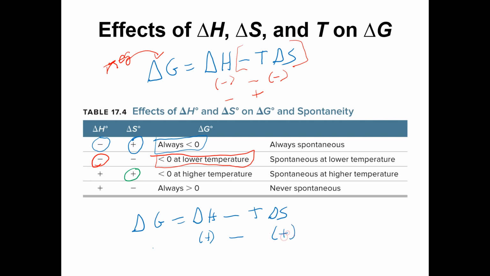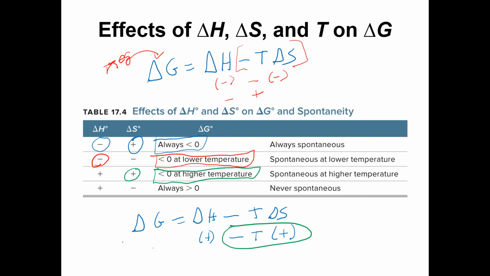If delta S is positive, if T is high enough, then this term here becomes large enough that delta G will still be negative. So if both delta H and delta S are negative, the reaction is only spontaneous at lower temperature. If both delta H and delta S are positive, the reaction is only going to be spontaneous at higher temperature.